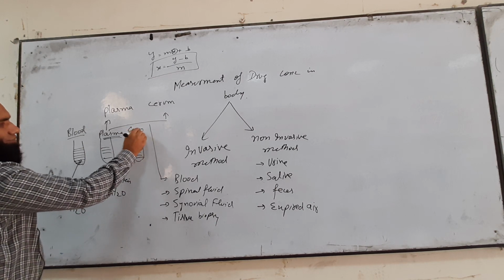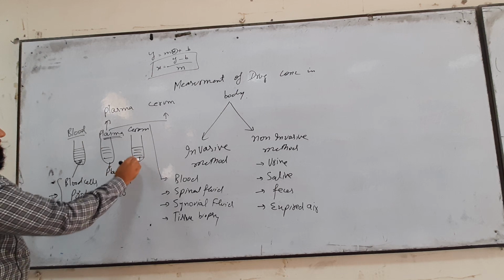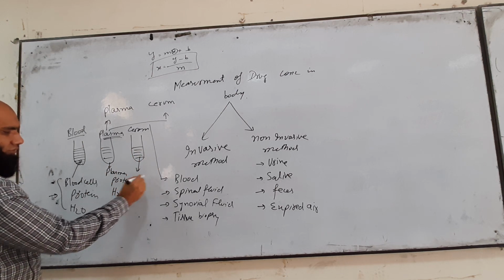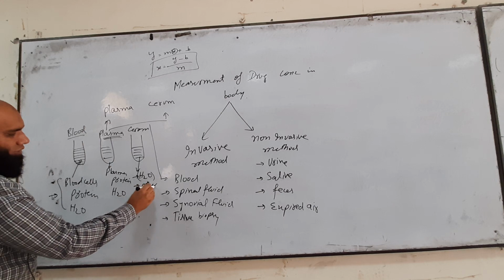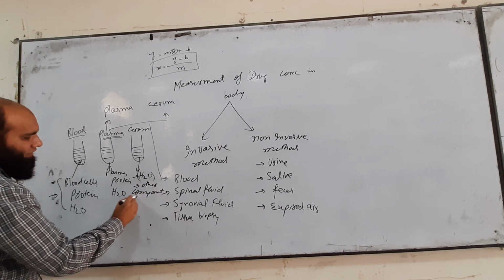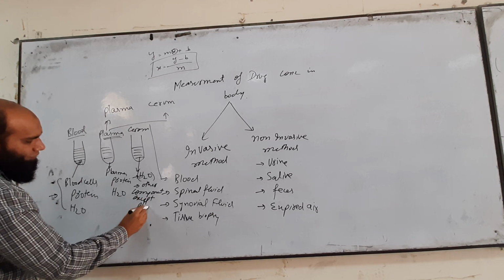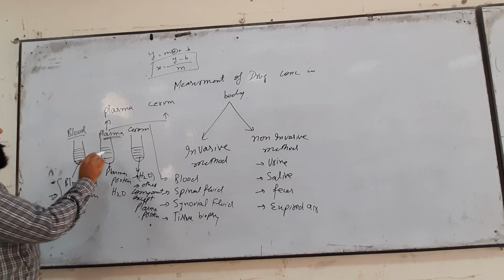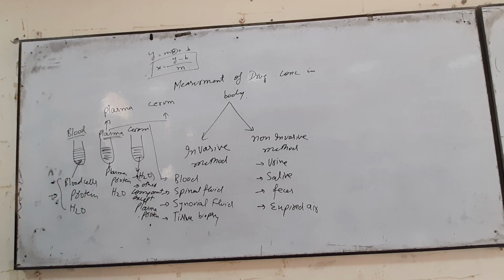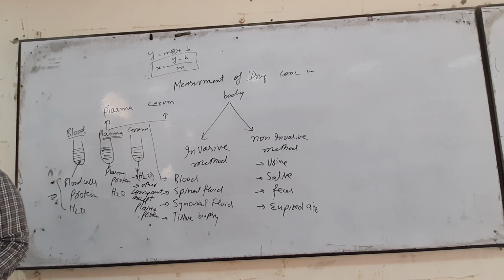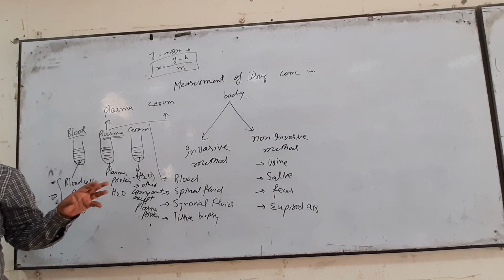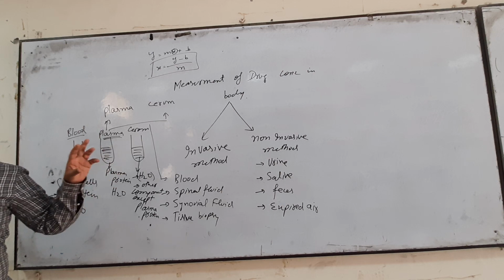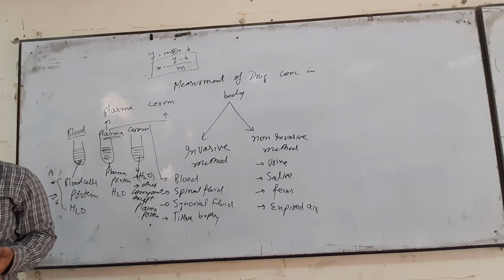Now serum: in case of serum, we have simple water and other components except plasma proteins. To get plasma, we have to use some anticoagulants, EDTA or heparin. These are two anticoagulants which we can use before getting the plasma from the blood. In case of serum, we will not use any anticoagulant. We will clot it first, and after getting the clot, we will centrifuge it, removing the clot, and the remaining material will be called serum.